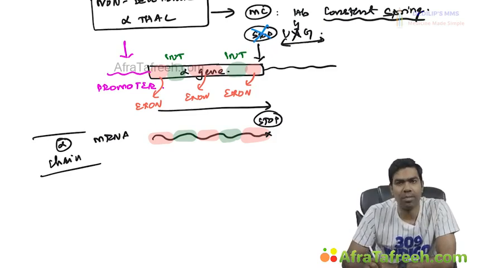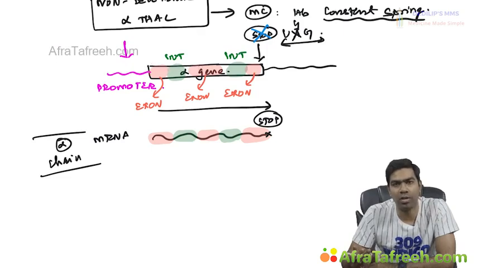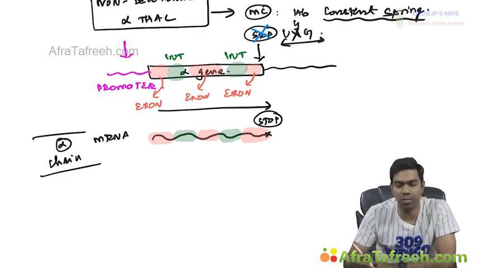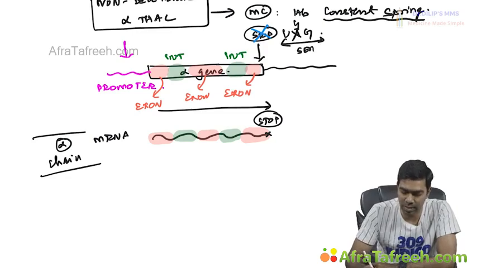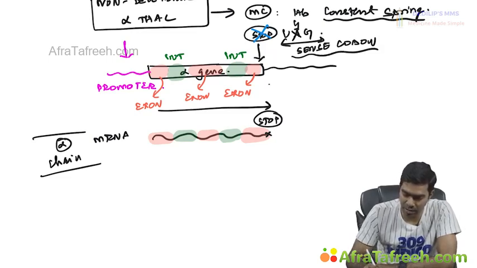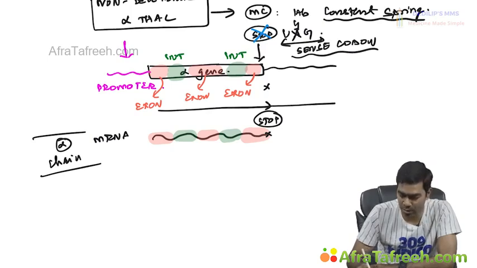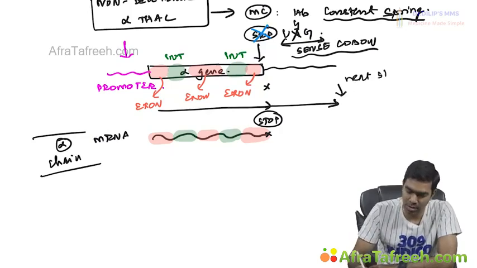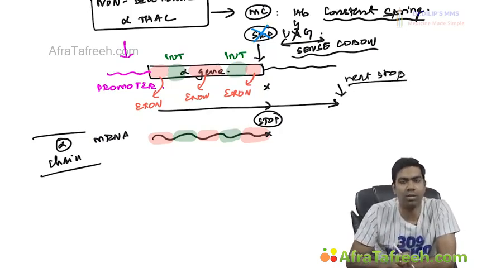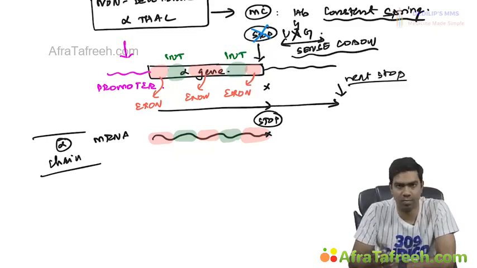Then you are not going to stop here. The stop codon has become a sense codon, so your transcription will not stop at this point, and it is going to continue until you encounter the next stop codon.